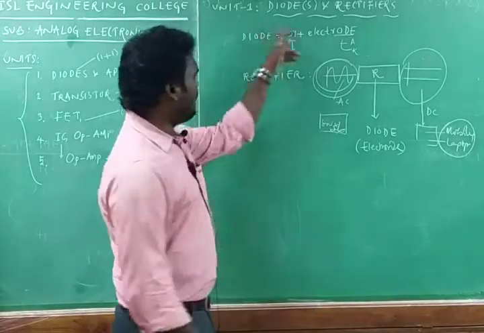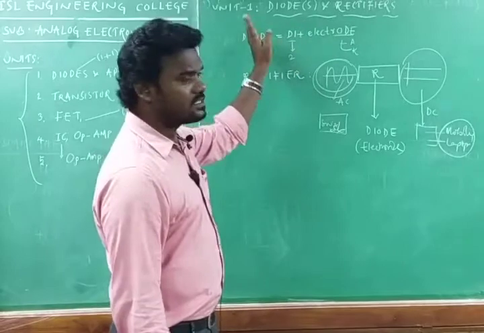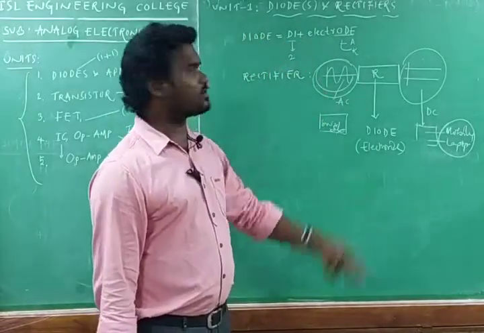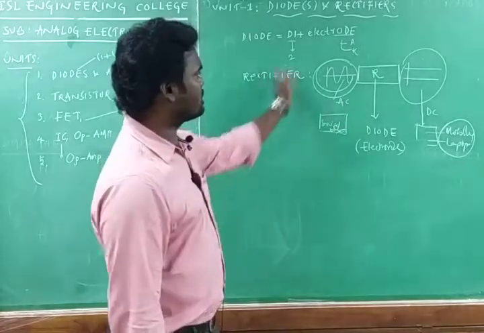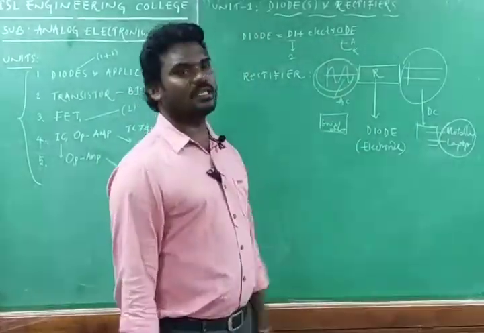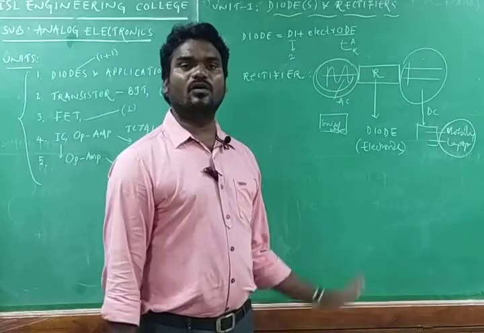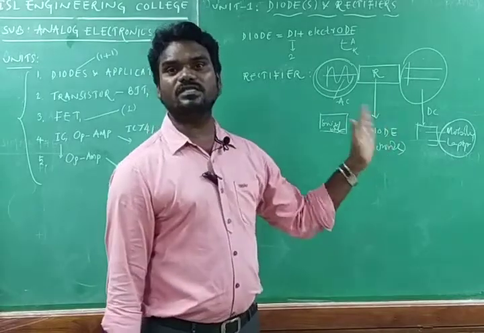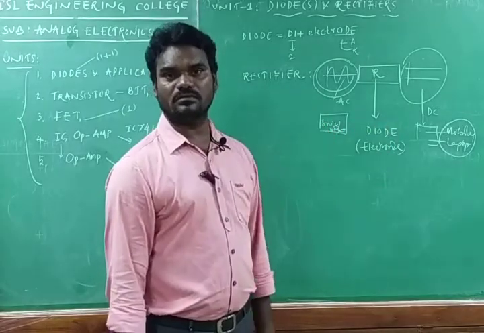Here I have only explained the names. A diode is an electronic component having two electrodes, and a rectifier is an electronic circuit which converts AC to DC.